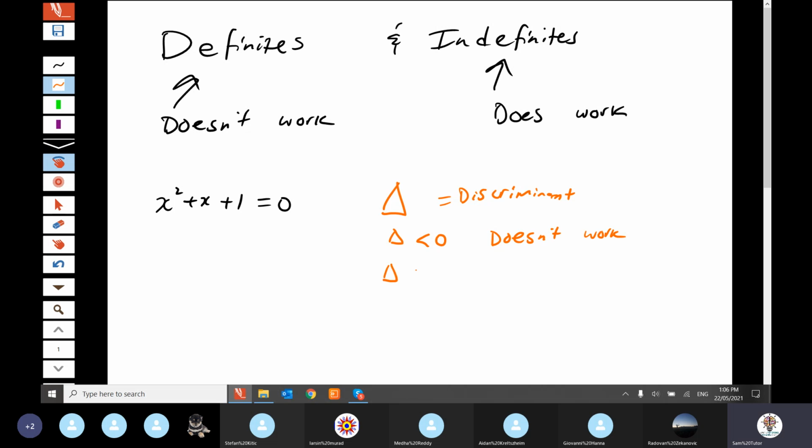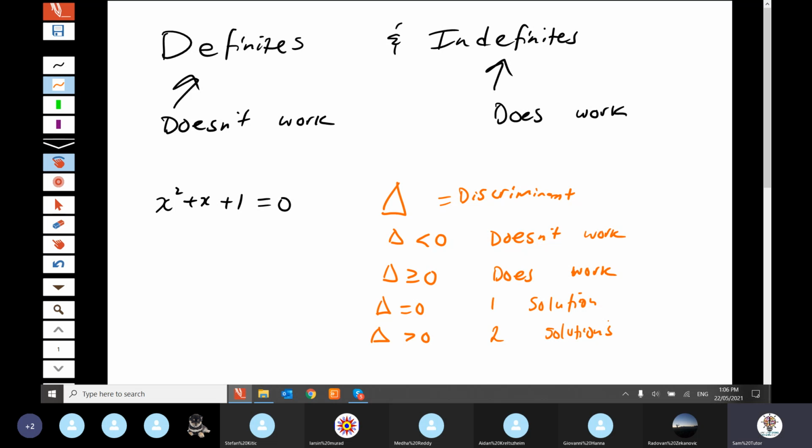If it was greater than or equal to 0, it does work. But to be a bit more specific, if it's equal to 0, I know it has one solution. And if it was greater than 0, it has two solutions. Rings a bell?